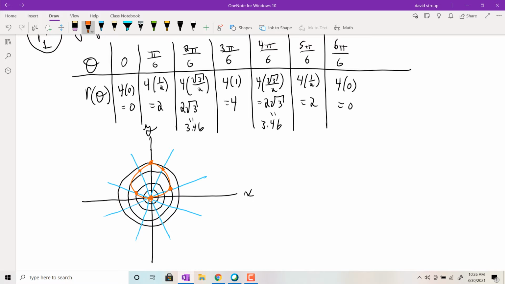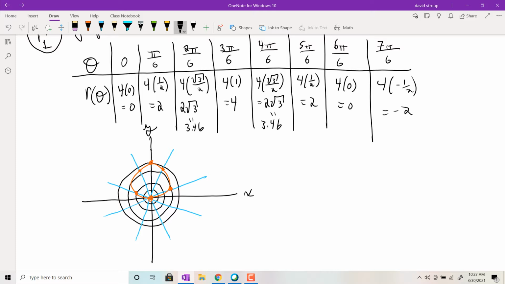One important thing is always to note where you've traced it. We have 7 pi over 6 here. If you go to 7 pi over 6, you'll just repeat. Sine becomes negative, so you'll be forced onto the other side of the angle arm. At 7 pi over 6 you would get 4 times negative 1/2, which is negative 2.